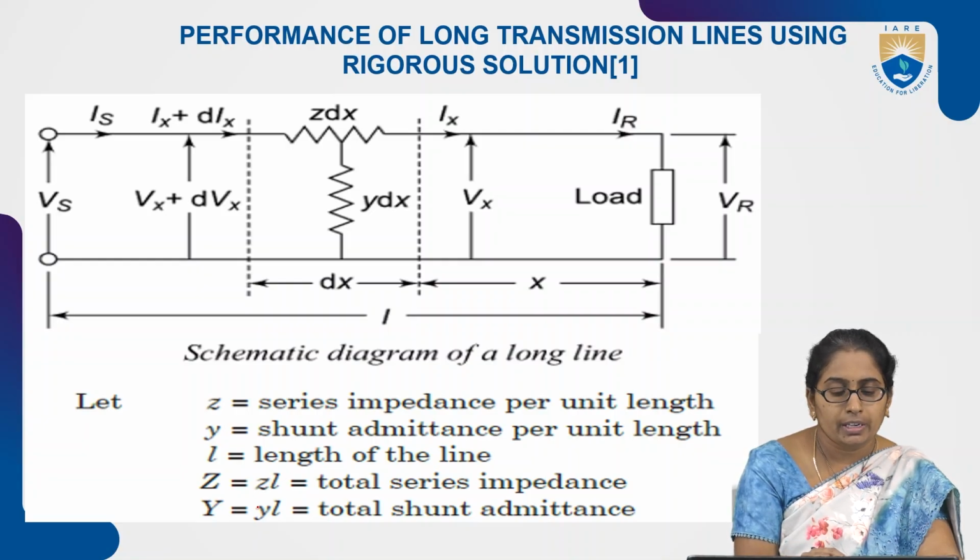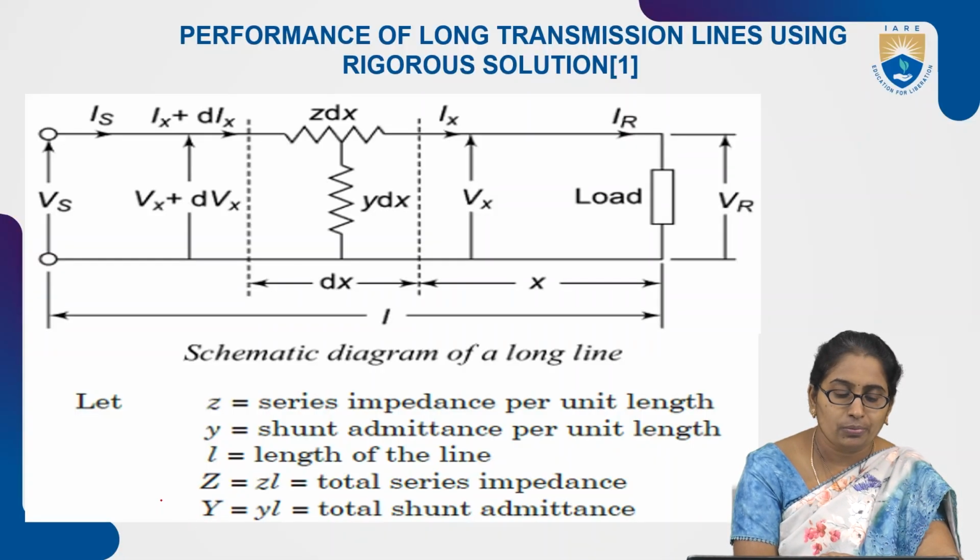Accordingly, small z into l is the total series impedance of the line, denoted with capital Z, and small y into l is the total admittance of the line, denoted with capital Y. So these are the parameters defined initially.